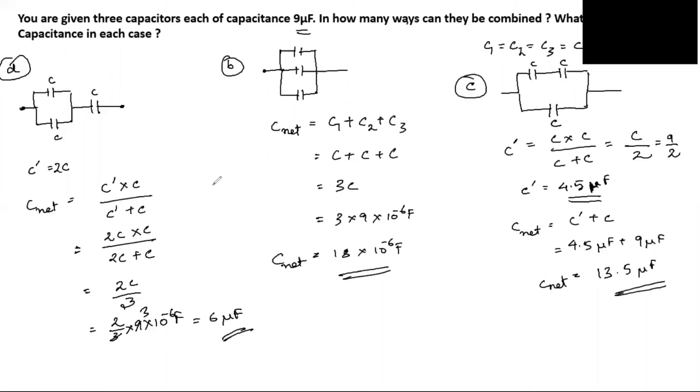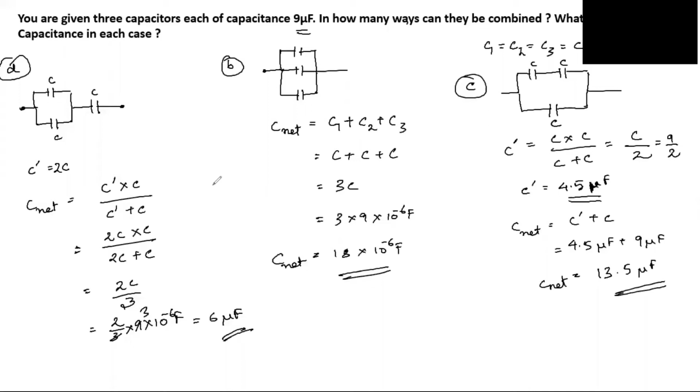They will provide you the effective capacitance value, and ask how to arrange these three capacitors so that the effective capacitance will be such. Let's say that the effective capacitance value is 4 microfarad. In what arrangement will you arrange your capacitors so that you get an effective capacitance of 4 microfarad? In that way also the question has been asked.